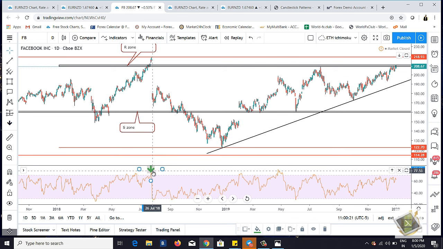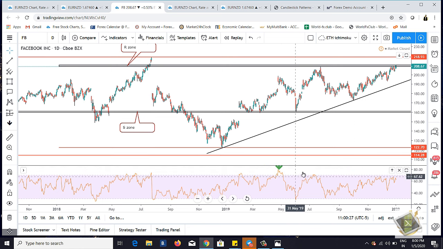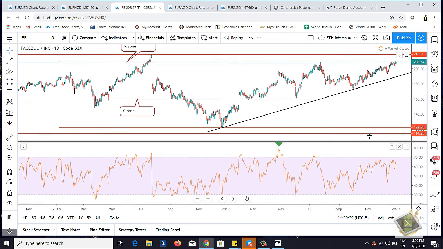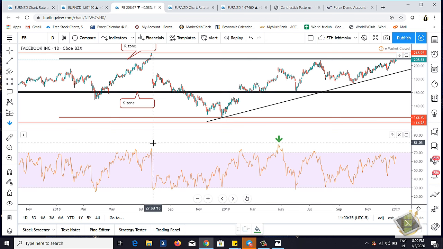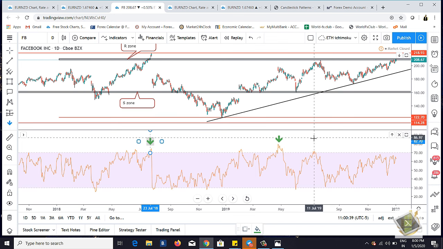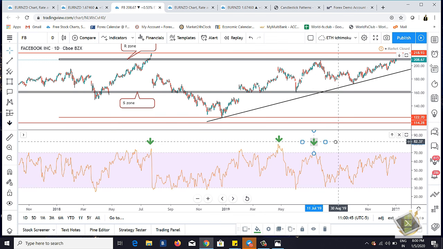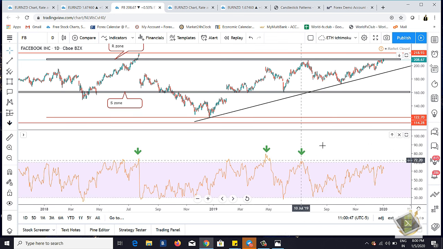Then you have this area as well, then this is also an area, and this is also an area, 71. Okay, fine. Now we will look at the price and what happened in these areas.